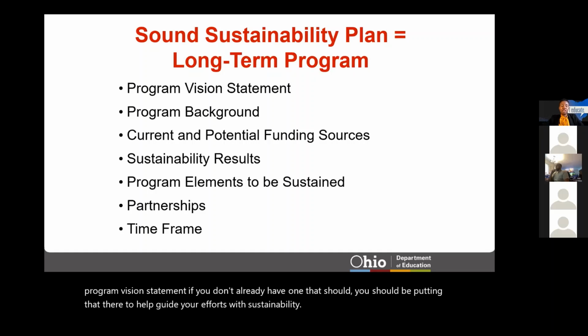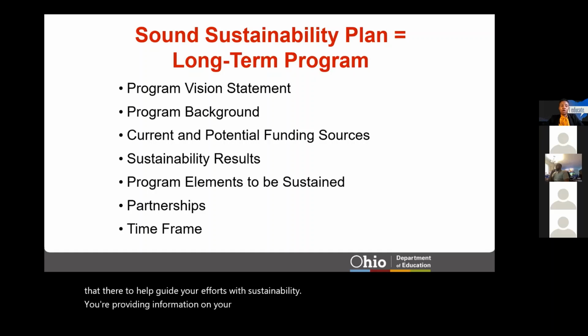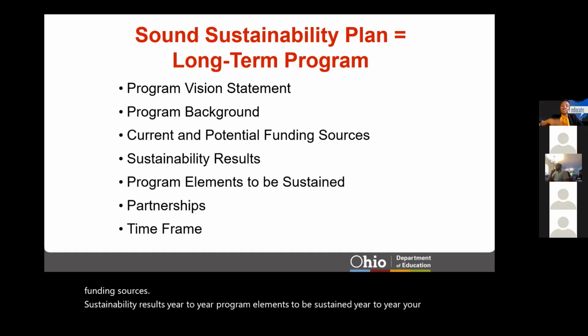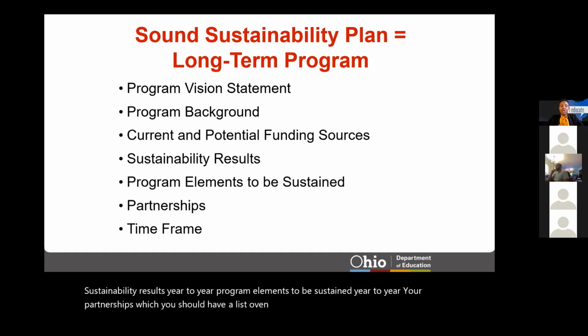You're providing information on your program background, your current and potential funding sources, sustainability results year to year, program elements to be sustained year to year, your partnerships, which you should have a list of and keep track of throughout your grant cycle, and a time frame that allows you to show your action throughout this process.